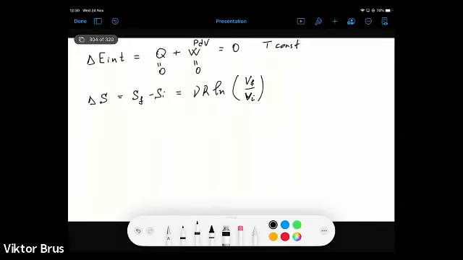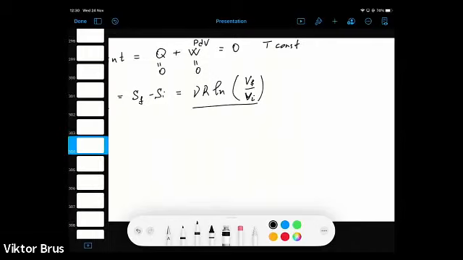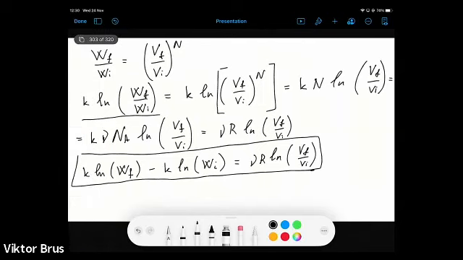So it looks like we have the change of entropy defined by this equation. If we look back at our previous slide, we see this equation on the right side of the previous equation. It means that this is actually equal to the change of entropy.